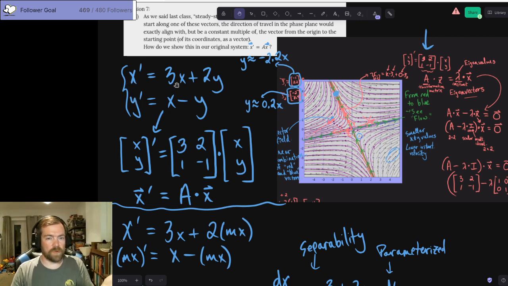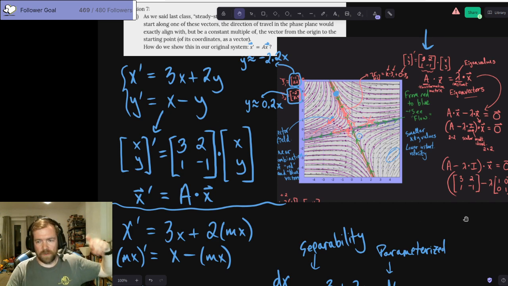We're going to be represented by these sums of x and y in some linear combination. So here we were saying, well, they're probably going to be exponential solutions because, just like we talked about in previous classes, whenever we had the rate of change of something equal to a constant multiple of itself, x prime versus x, then it was going to be an exponential function of some kind.